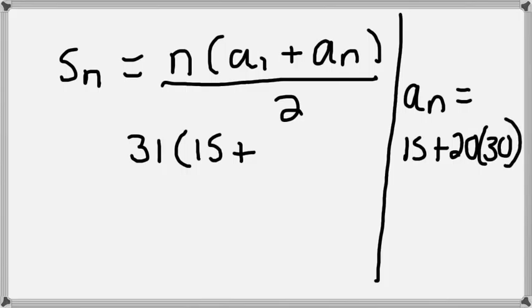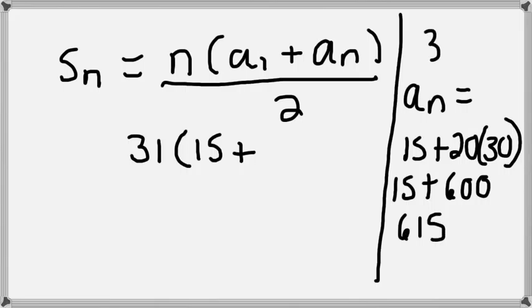So I'm going to do 20 times 30. I know that 2 times 3 is 6, so this is going to be 600. And then I'm adding 15 to that, so 615 should be my 31st term. So I'm going to write that differently.